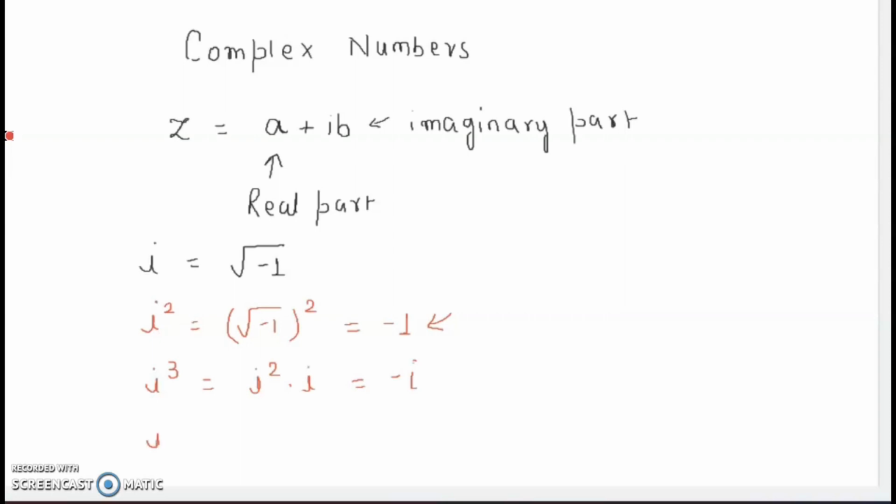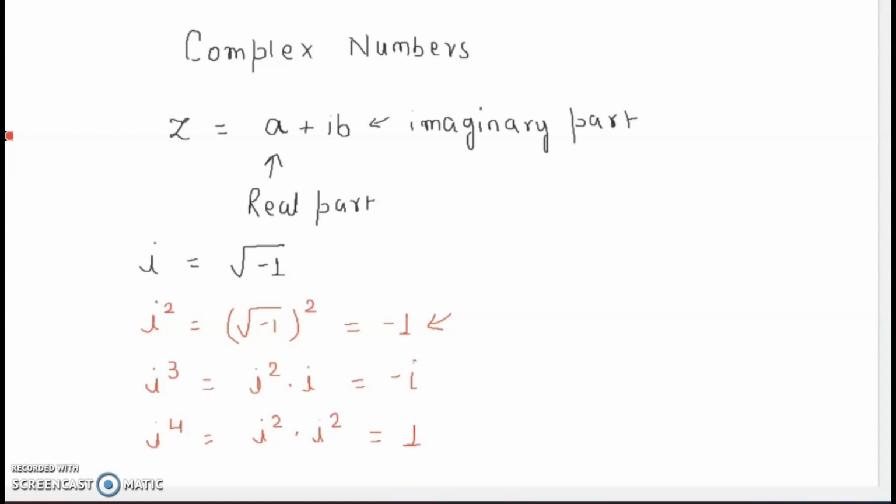Now let us see the value of i to the power 4. i to the power 4 we can write as i square multiplied by i square. And the value of i square we again know, -1. So what is -1 into -1? It is +1.